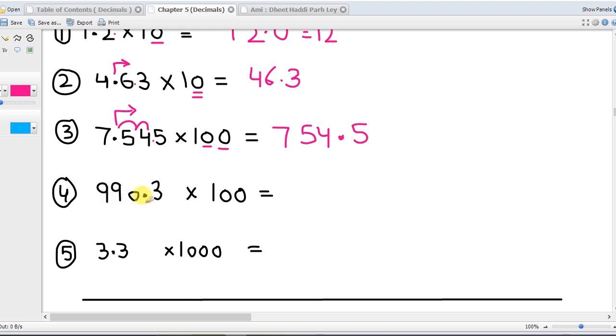Next, 990.3 times 100. Since we are multiplying, we shift it towards the right side. Let me write the number: first 990 and then we have 3. Right now your decimal point is in between 0 and 3. We need to shift it 2 digits. So we shift it one digit to the right. Now there is no second digit, so what should we do?